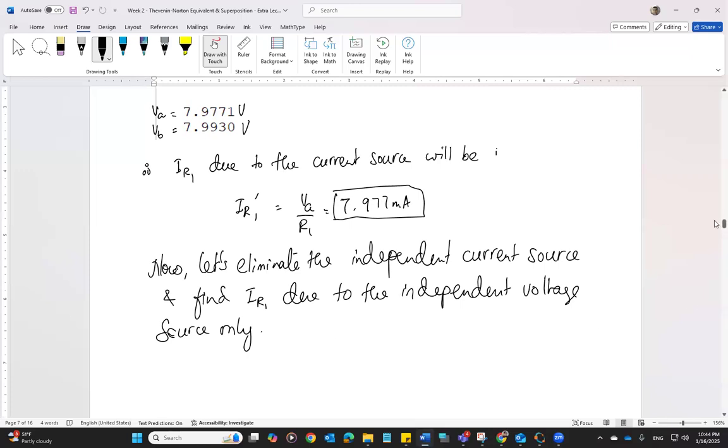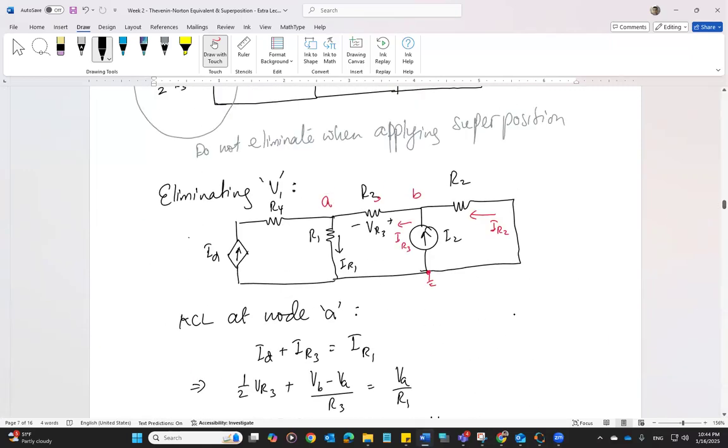Okay, so let's see how the circuit is going to behave. We remove the independent current source, that branch is going to be gone. It's going to be open circuit. And we're going to insert the voltage source back over here.